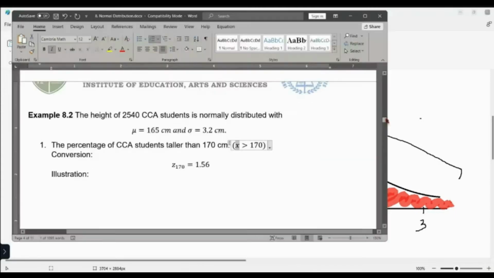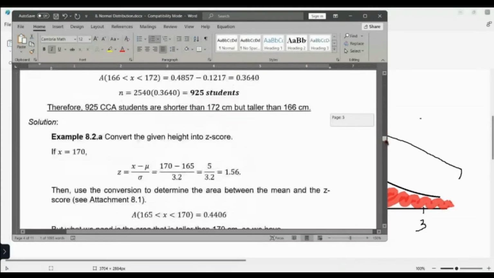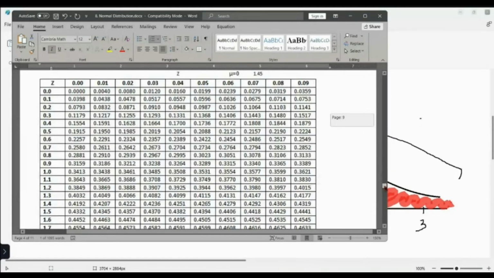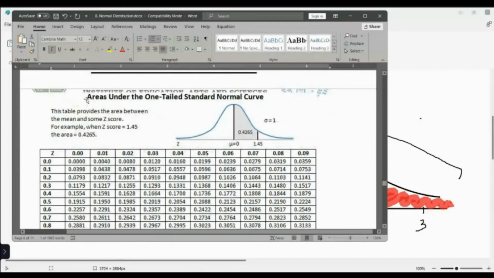This time, I want you to download the module I sent to you, and I recommend you to print this area under the normal curve. It is included in your module.